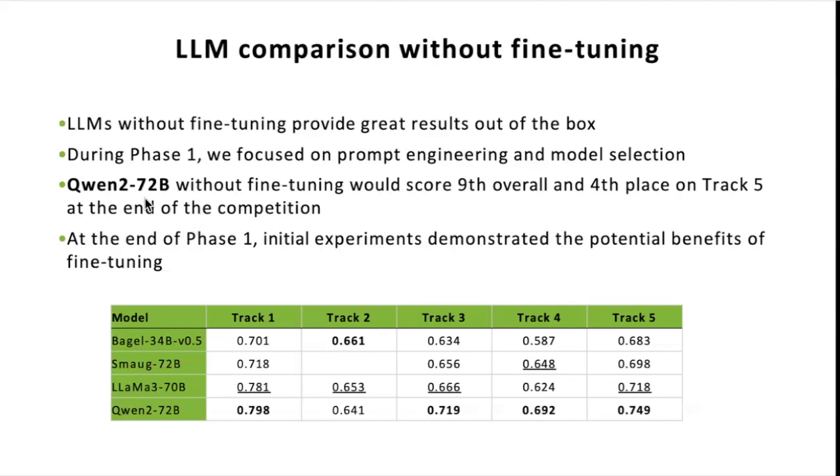It specifically mentioned that the 70 billion model without fine tuning would score ninth place overall in the competition, and fourth place especially on track five at the end of the competition. So basically, according to the zero-shot performance, they pick the Qwen2 model as the base model for further fine tuning.